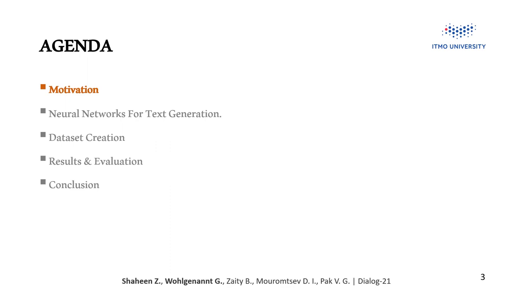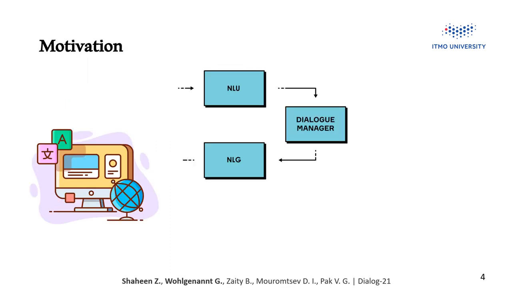with motivation. Text generation is a key component in many systems that produce text, such as translation systems and dialogue systems. These systems should produce texts that are grammatically correct, well-formed, without mistakes, and syntactically correct as well.